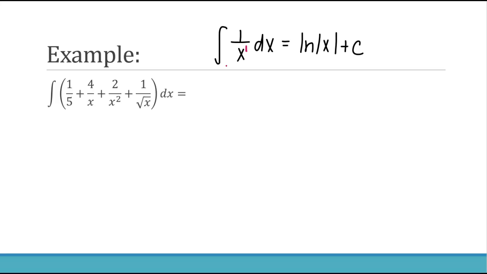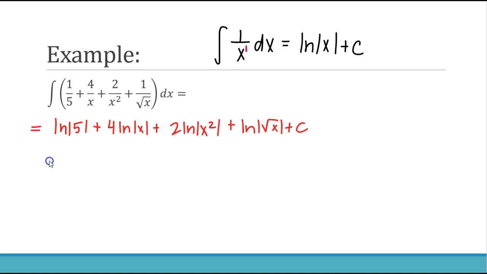So in other words, what I see a lot of is in this type of problem here, I see this 1 over 5, this 4 over x. I see these variables on the bottom, or on this one, not even a variable. But sometimes what I've gotten in the past, and I'm going to do it in red to indicate that it's incorrect, like stop, is natural log of the absolute value of 5, plus 4 natural log of the absolute value of x, plus 2 natural log of the absolute value of x squared, plus natural log of the square root of x plus c.